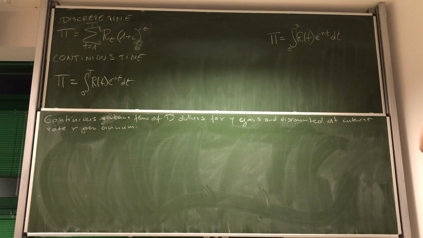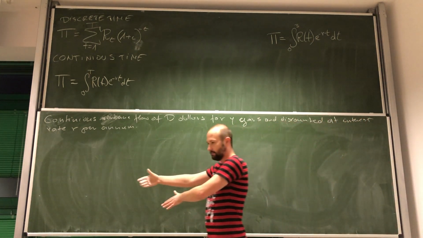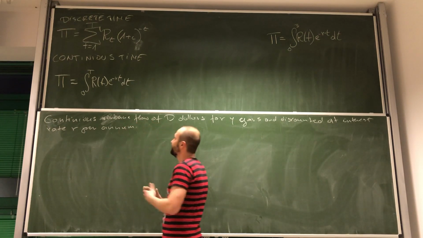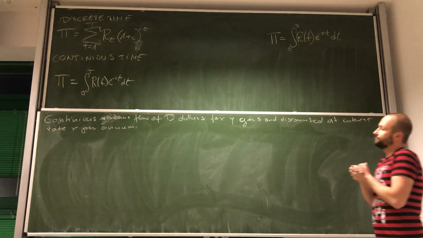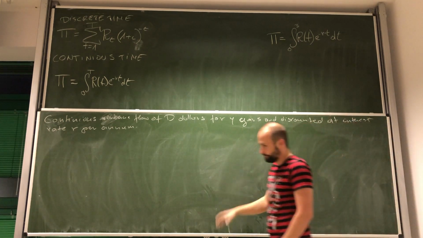But of course, in our continuous time, we're promised to get the same amount of money continuously. Yeah? So now, what we need to do here is to calculate the present value of such an asset that is giving you the same amount of nominal money each moment.